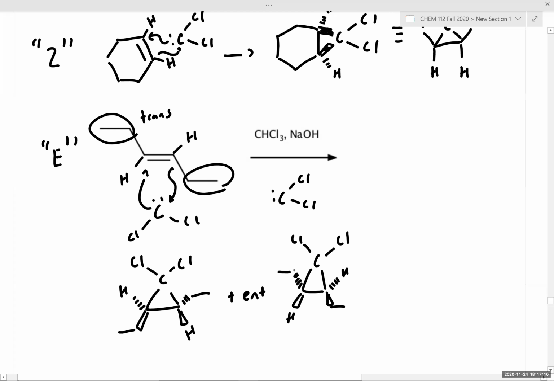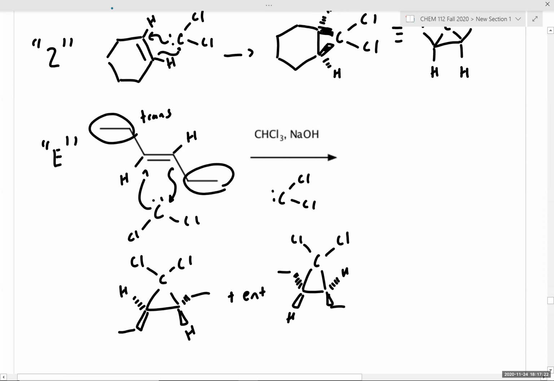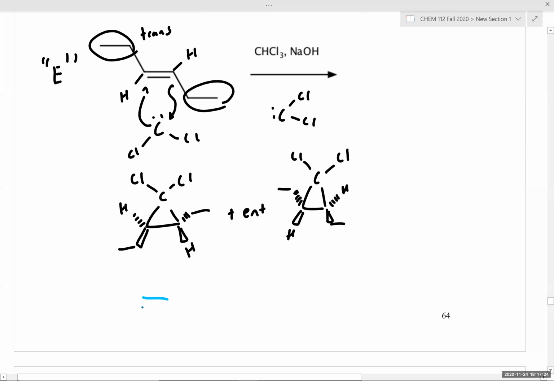So one shortcut that you could use in this case is, you can draw out your alkene, and then you can draw a dividing line.